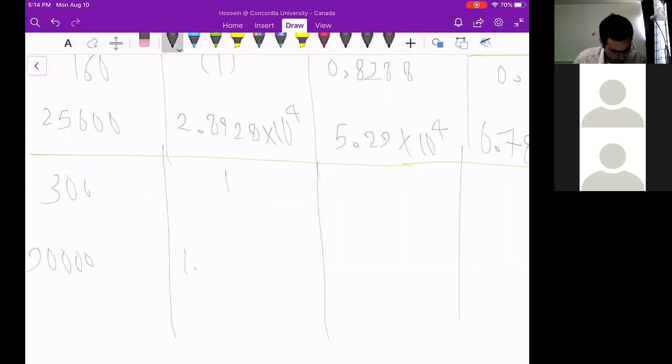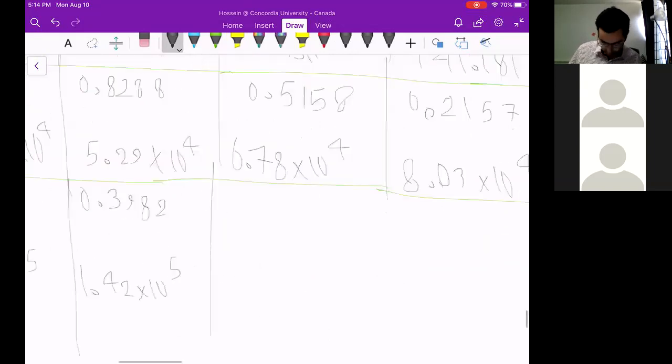T1 therefore is 1.0. Theta 2 is 0.3982. Torque 2 would be 1.42 times 10 to the power 5. Theta 3 would be minus 44.